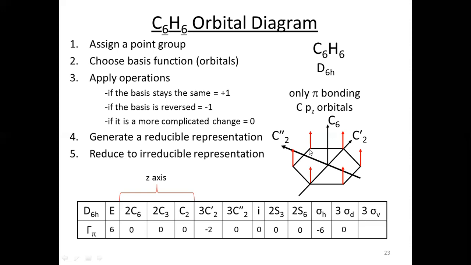Next is your vertical plane, and your vertical plane is along your C2 dash axis. Means your plane is passing along this direction.